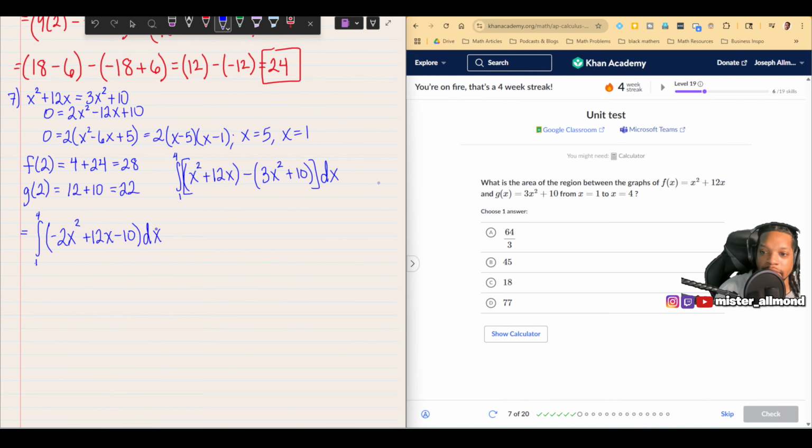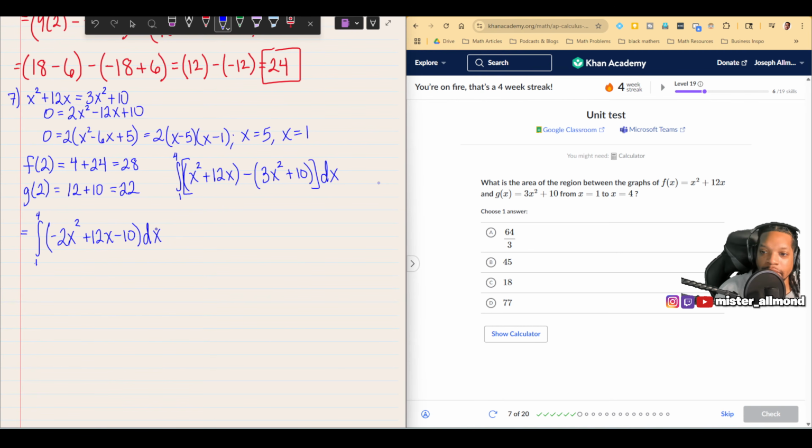We did top minus bottom, so I think we should be in good shape. All right, let's try to plug in. So the first plug in will be -2/3 times 4 cubed plus 6 times 4 squared is what? 16, minus 10 times 4, which is 40.